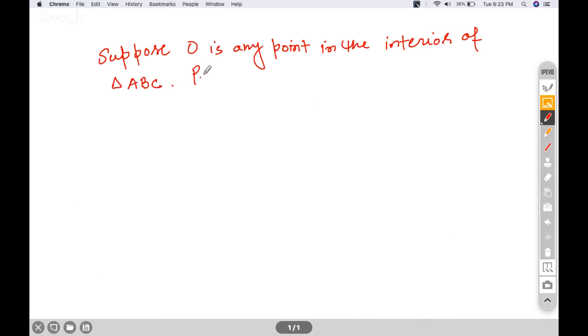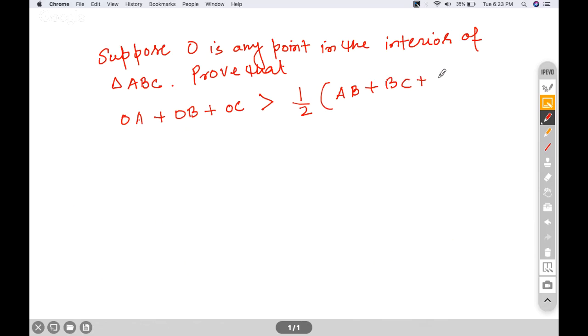Prove that OA plus OB plus OC is greater than half of AB plus BC plus CA.